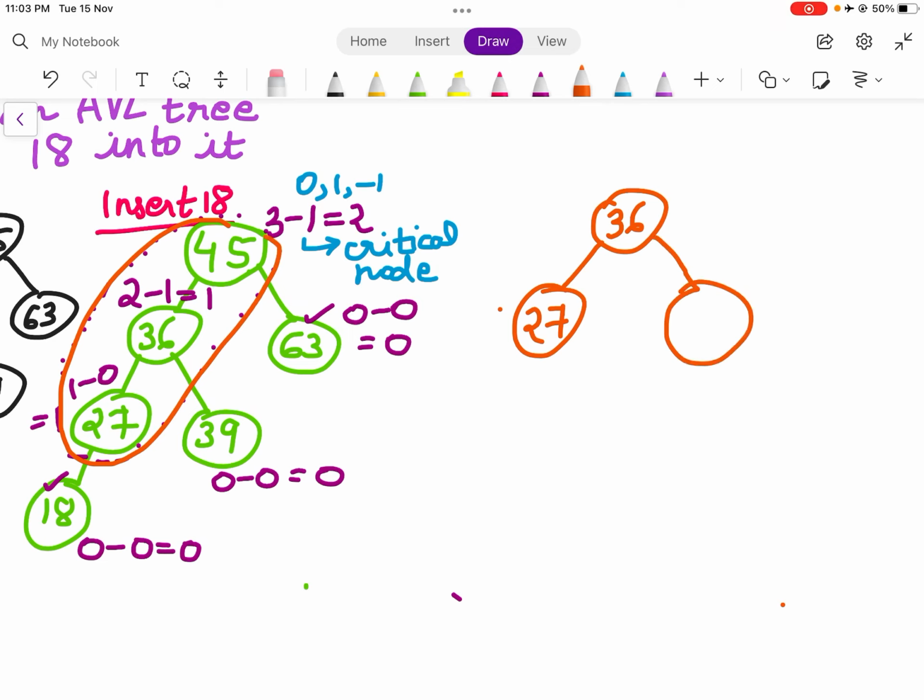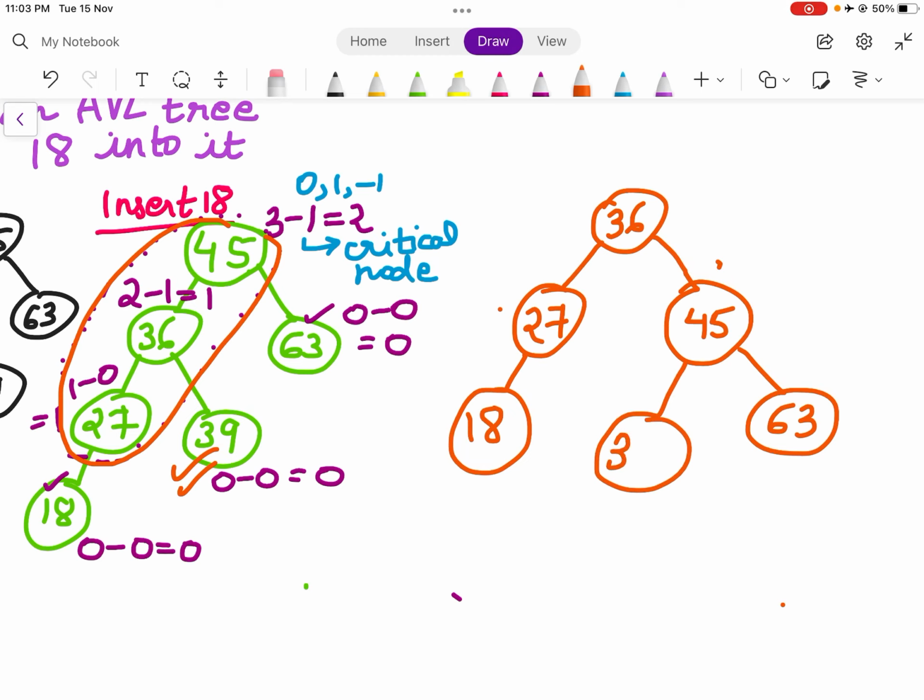To the right you will have 45. To the right of 45 you have 63. To the left of 27 you have 18. The element which is remaining is 39. Now 39 is greater than 36, so 39 will be to the right of 36. 39 is smaller than 45, so it will be to the left of 45.